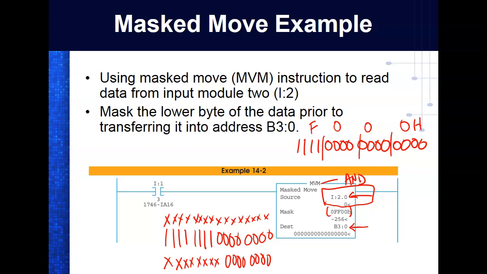We could make the output port take the condition of an input port without going through any logic, right? You understand that? So you've got access to a lot of addresses right here. You can change the status register, the input register, an output register, a data file, a long data file. You can change a lot of things just by bringing stuff directly in and moving it into whatever data file you want it to go into.